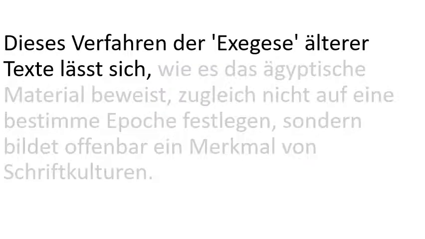So let's go ahead and start working on each of the parts. The first part's not too difficult. This procedure or method, this is a word which has been used several times already in this book, so you should be familiar with it by now. This procedure or method of the exegesis of older texts, so that whole phrase is your subject, and then this is your main verb.